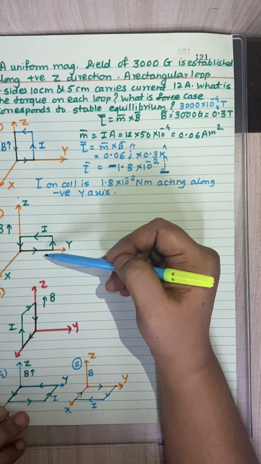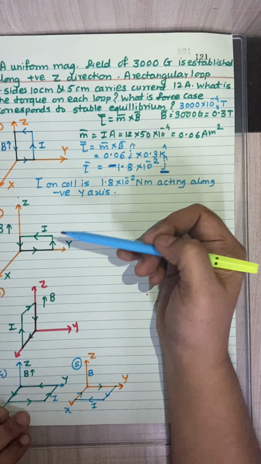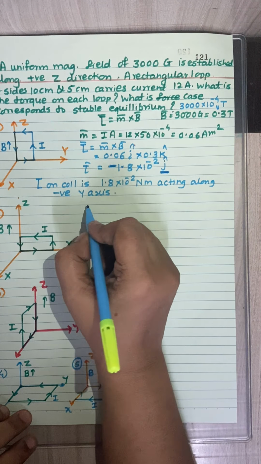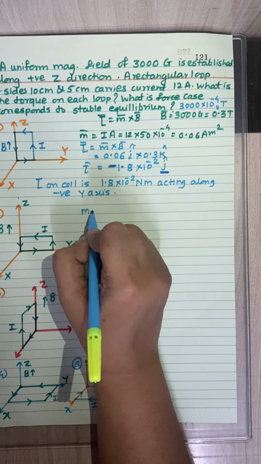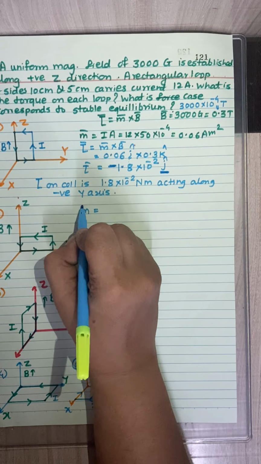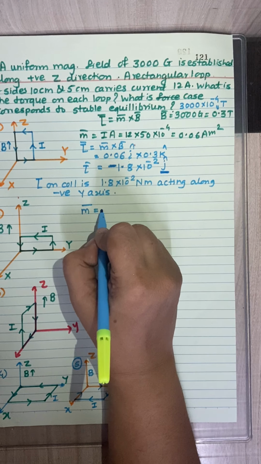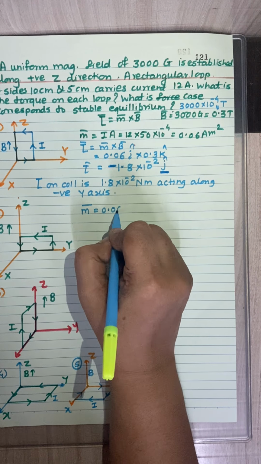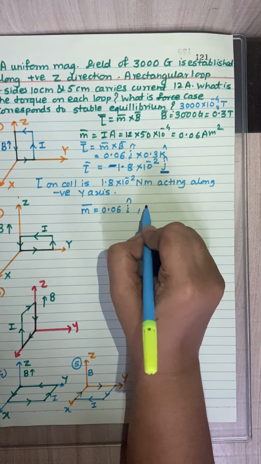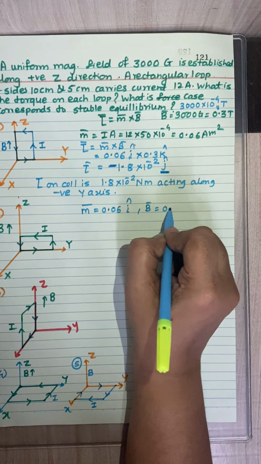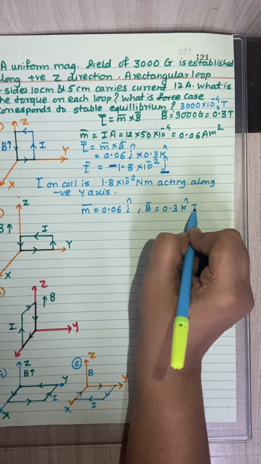Here the direction of m is 0.06 i cap, and B is equal to 0.3 k cap Tesla.